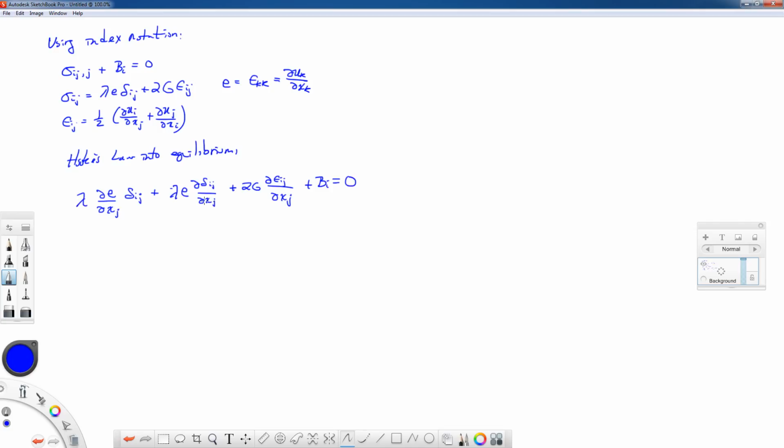Now this Kronecker delta ij is a constant type term, so it'll go away. Just wanted to show that in there for completeness.